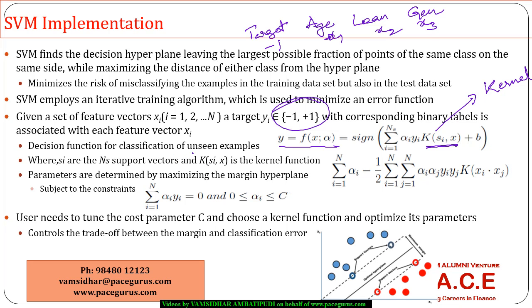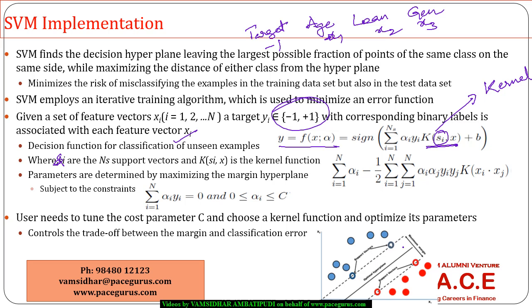So we can see the decision function for classification of unseen variables goes like this: sign of the sum of alpha_i y_i k(s_i, x), plus b. Now we are talking about support vectors. s_i is a support vector, right?